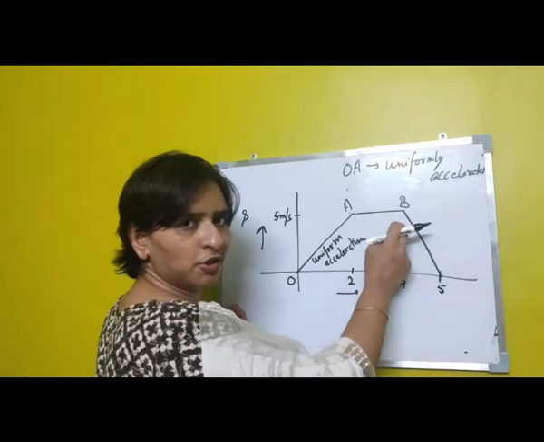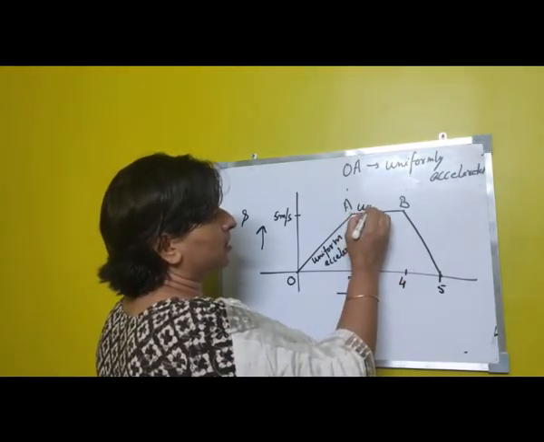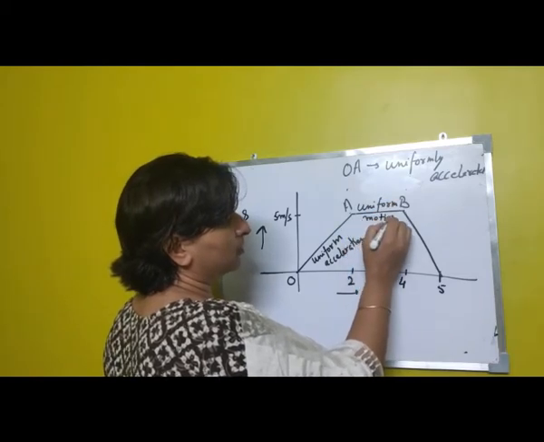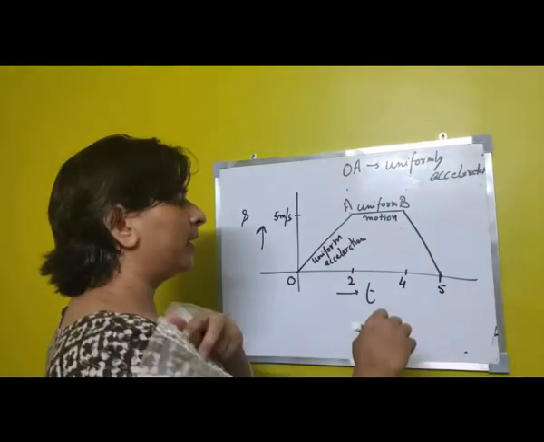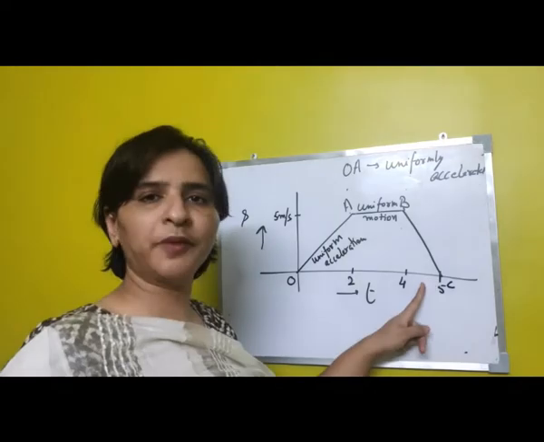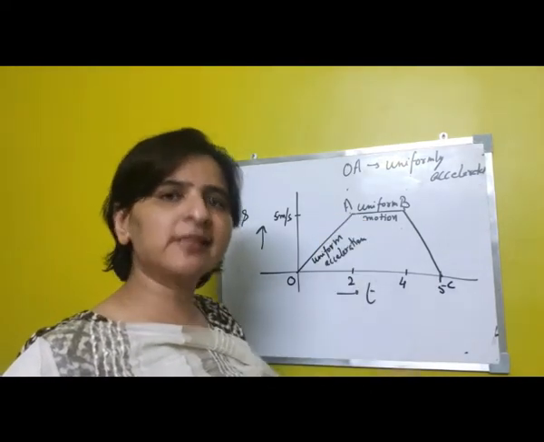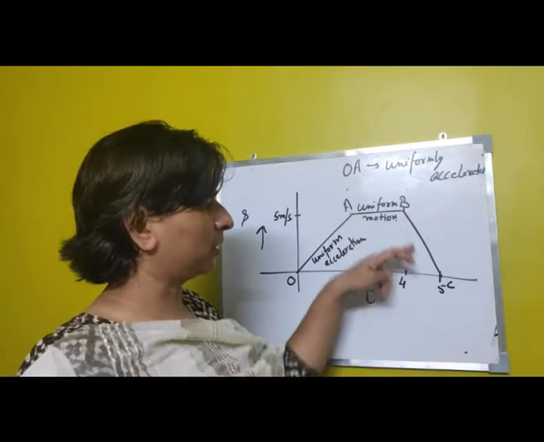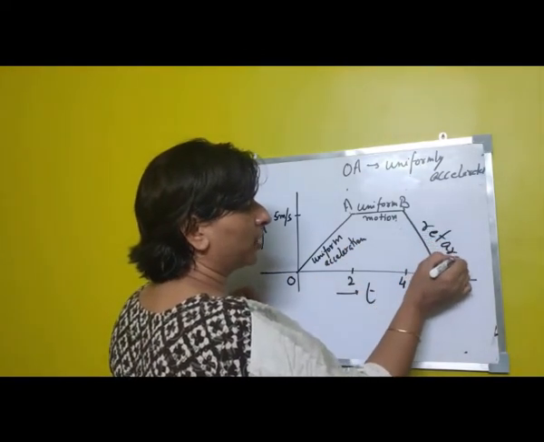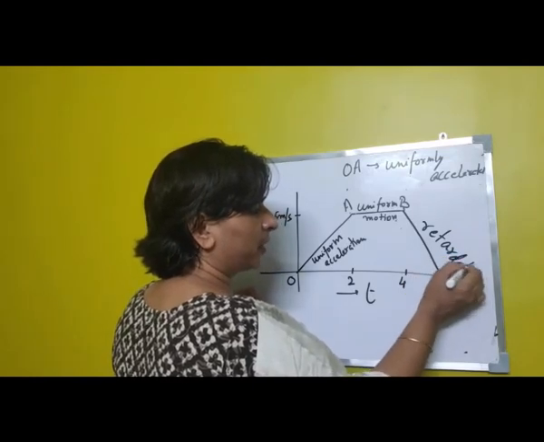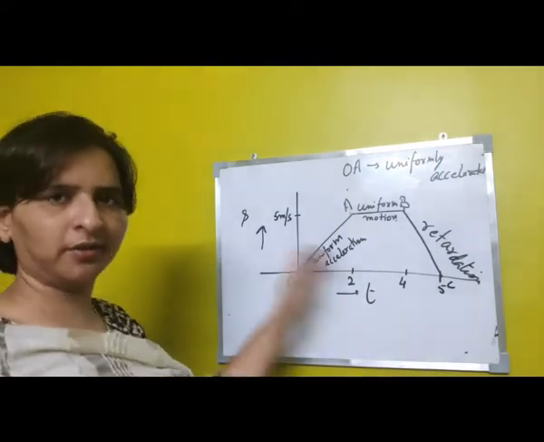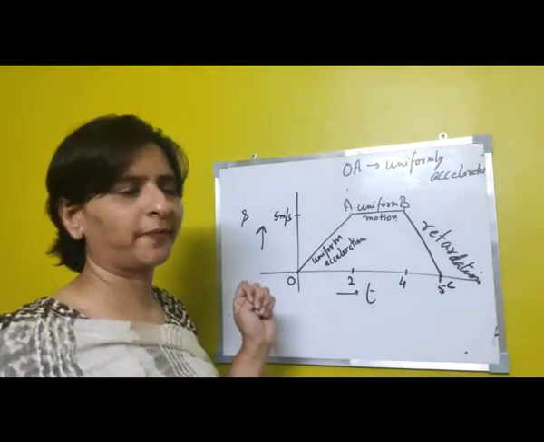From A to B there is no change in speed, so you can say this is the time when the object is in uniform motion, right? And now from B to C, this object experienced the decrease in velocity. The velocity decreased to 0. Hence, this is the case of retardation. So just by looking at the graph, we can interpret the kind of motion the moving object is showing to us.